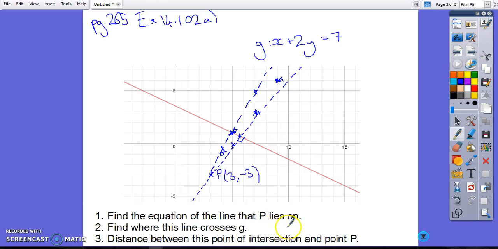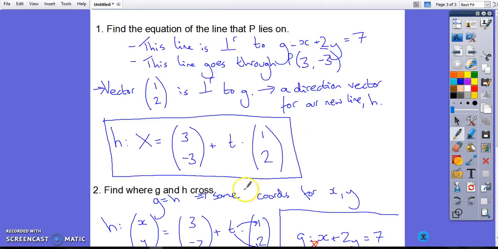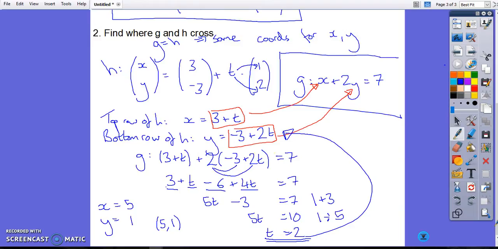So our final thing to do is to find the distance between this point of intersection and the point P. So let's call this point A. A equals (5, 1).